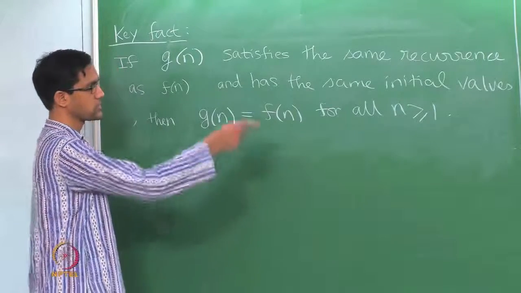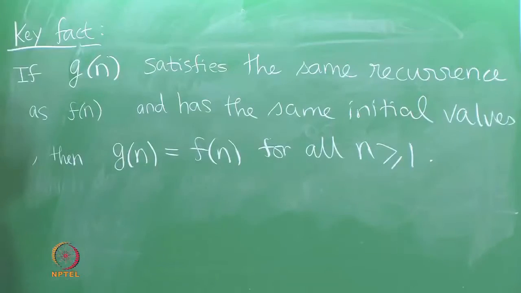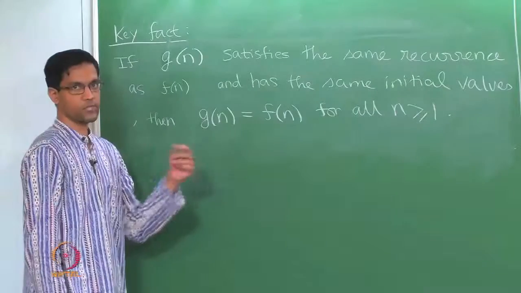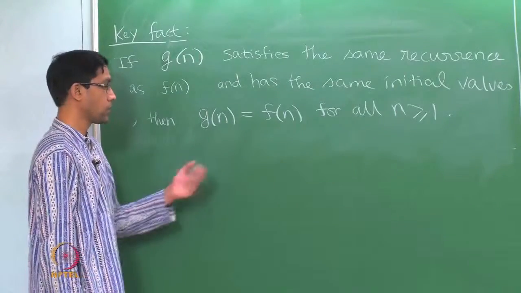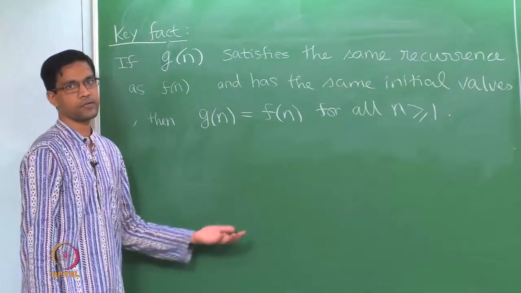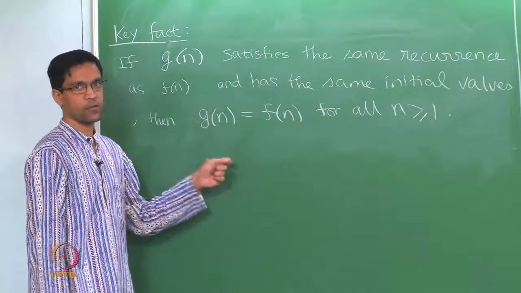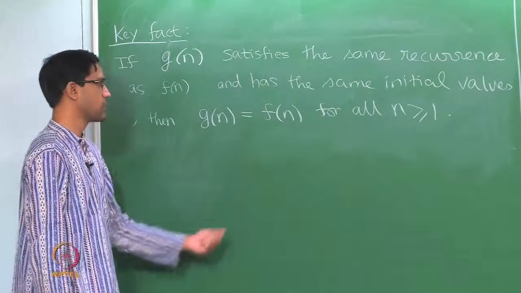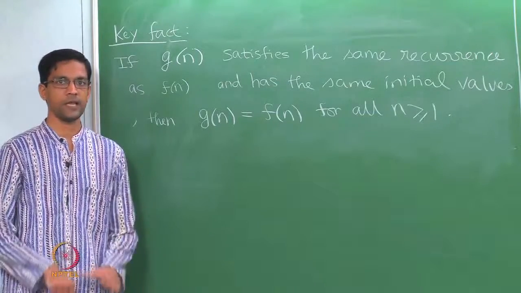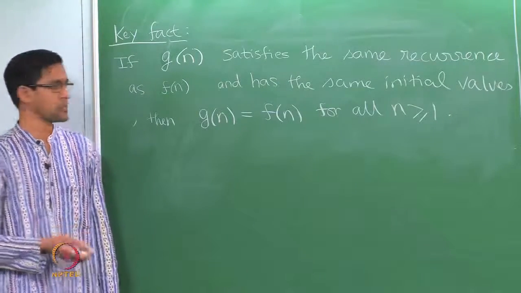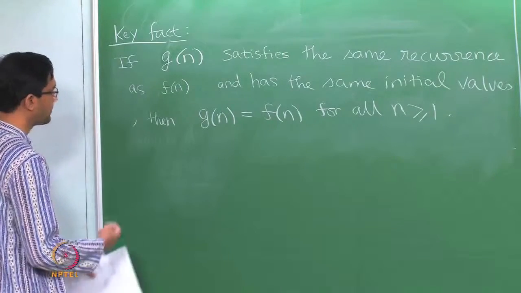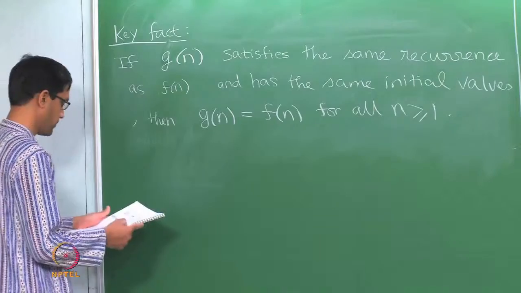So for instance, in this example that we just talked about, if g of n is the sum of the two preceding values and the first two values are 2 and 3, then there is only one way in which you can determine the values of g. So you have 2 and 3 as the starting values, so the next value must be a 5, the next value must be an 8, the next value must be a 13, and so on. So it's forced, there is pretty much no choice at all here. So this is one elementary but very useful observation.